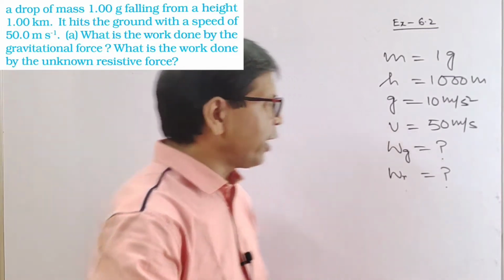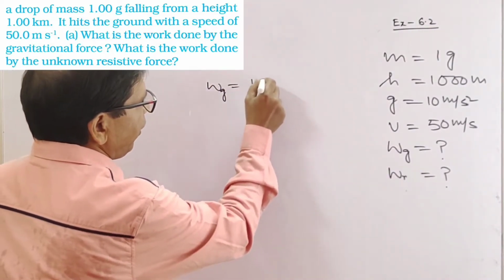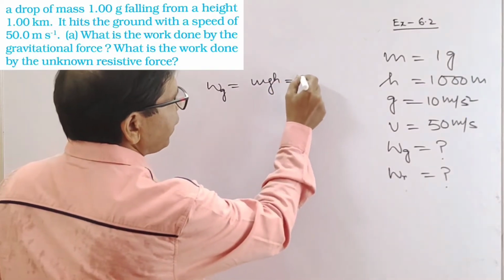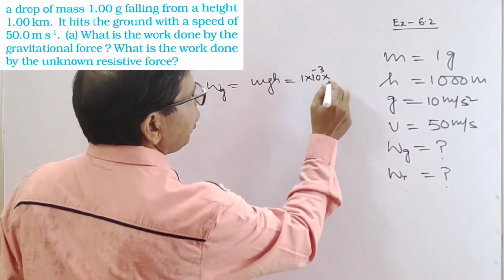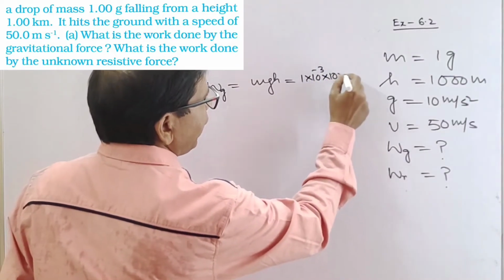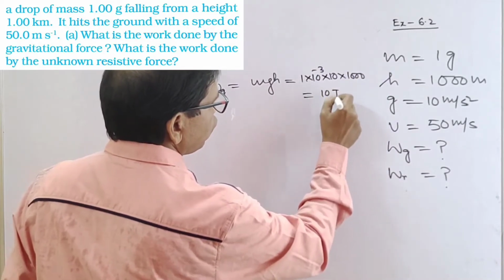Now work done by gravity. The work done by gravity is mgh. So here m is 1 into 10 to the power minus 3 kg, g is 10 and h is 1000. So this is 10 joule.